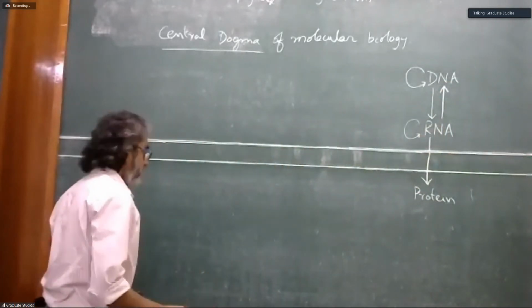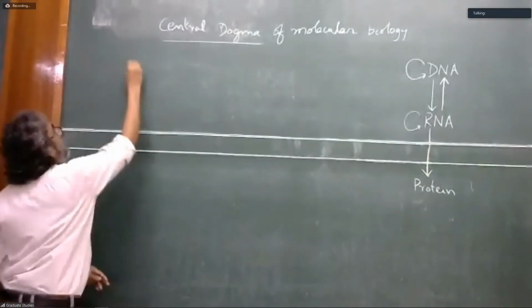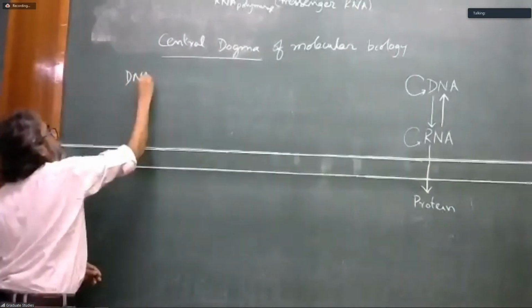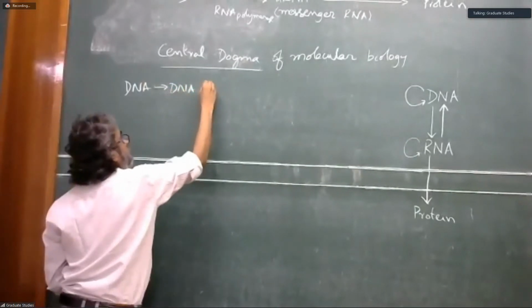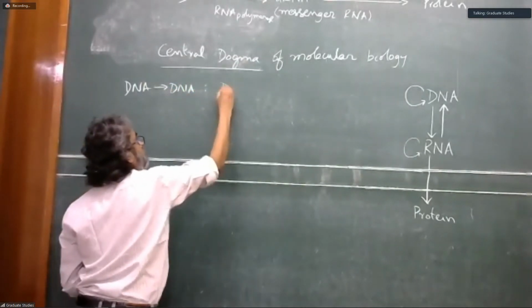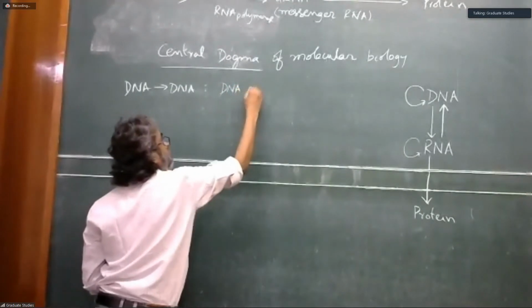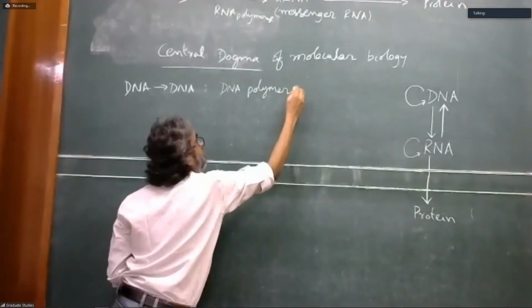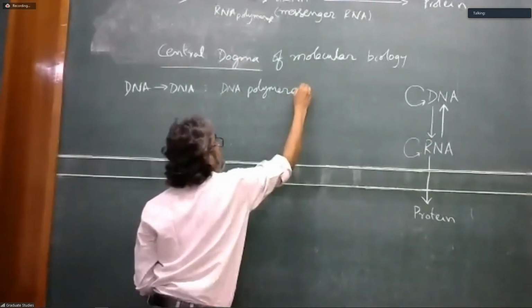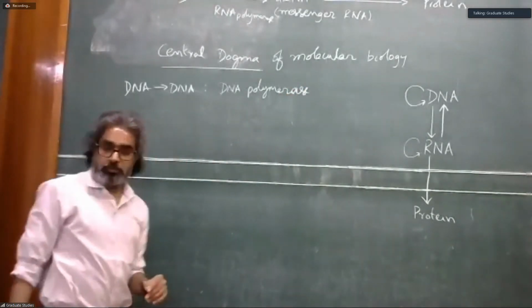DNA to DNA: the enzyme is DNA polymerase, and the process is DNA replication.